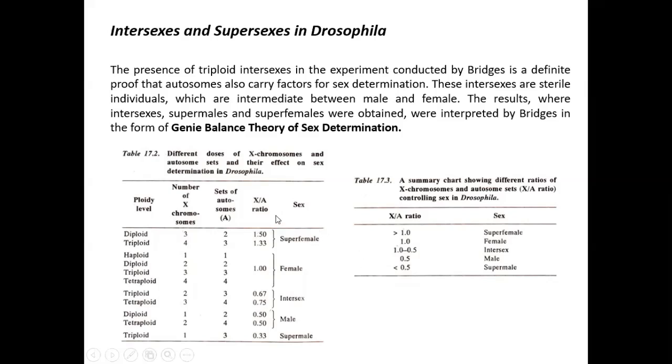The presence of triploid intersexes in the experiment conducted by Bridges is a definite proof that autosomes also carry factors for sex determination. These intersexes are sterile individuals, intermediate between male and female.